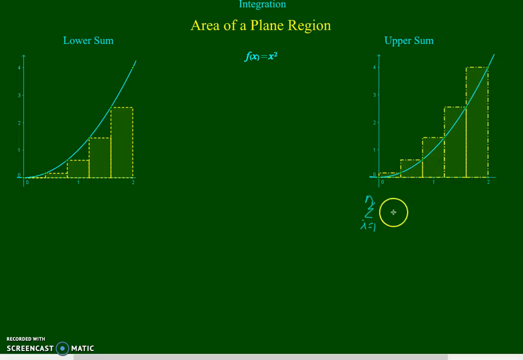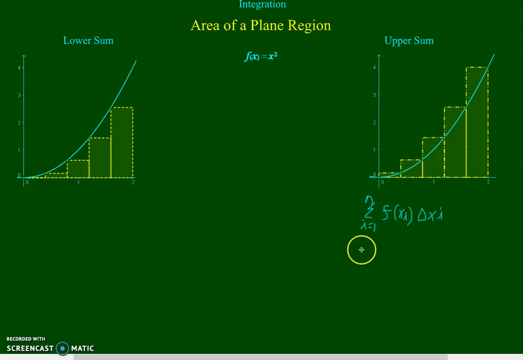We're just going to find n subintervals, of f of x sub i, the height of each subinterval, times delta x sub i, the width of each subinterval. To find the width, we take into consideration the upper and lower bounds of our region.